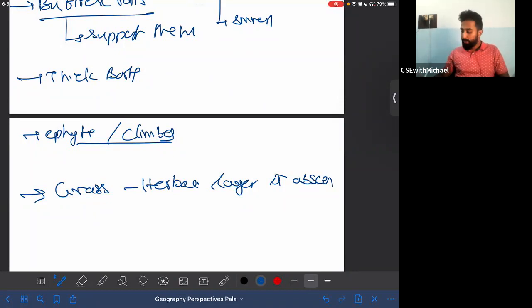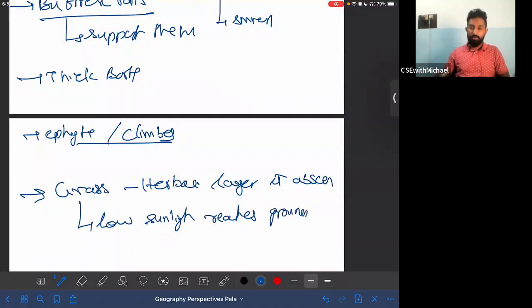Because a very low amount of sunlight reaches the ground. There are so many canopies of vegetation that less and less sunlight reaches the ground. Because of that, grasses are less.